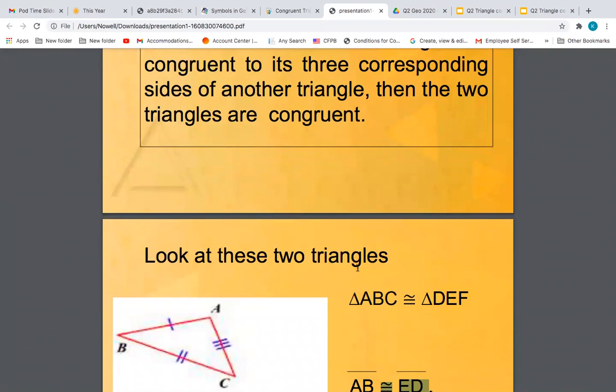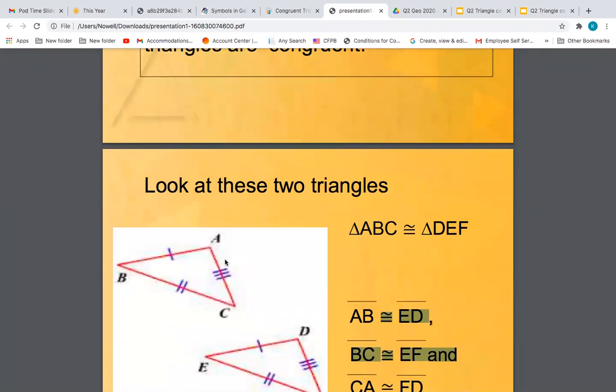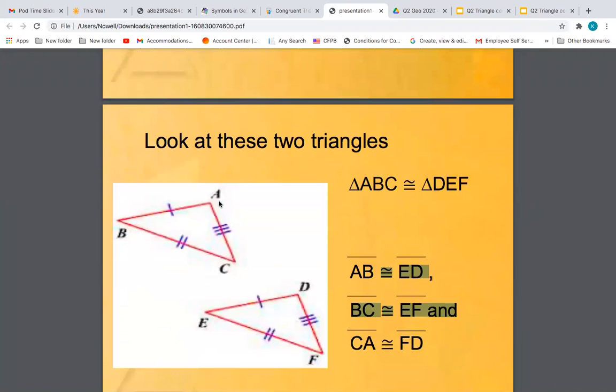Let's look at these two triangles. There's a triangle ABC, which is congruent, see the congruent sign, to triangle DEF.